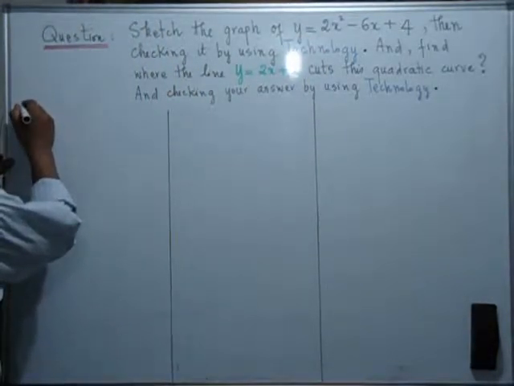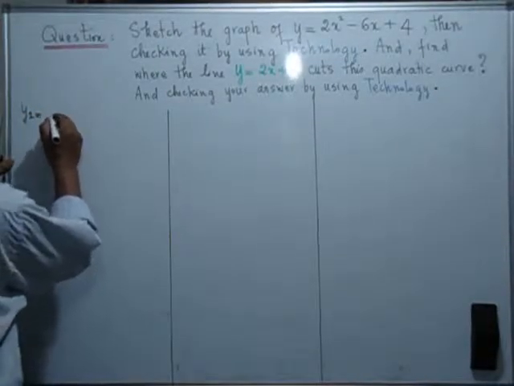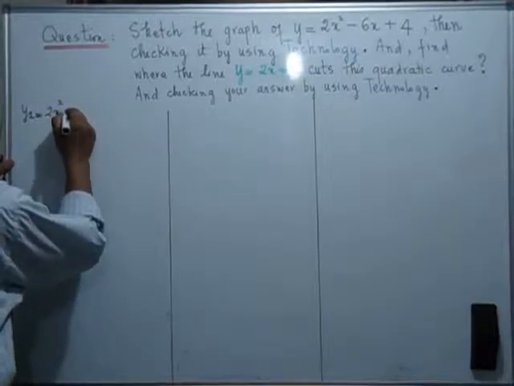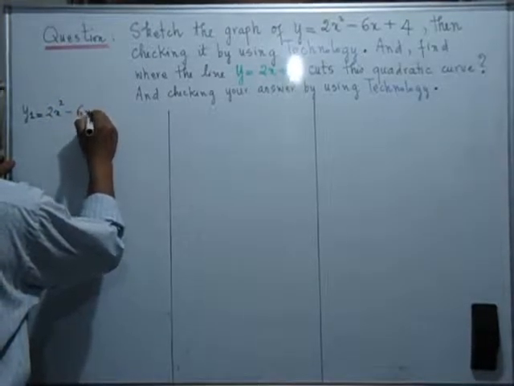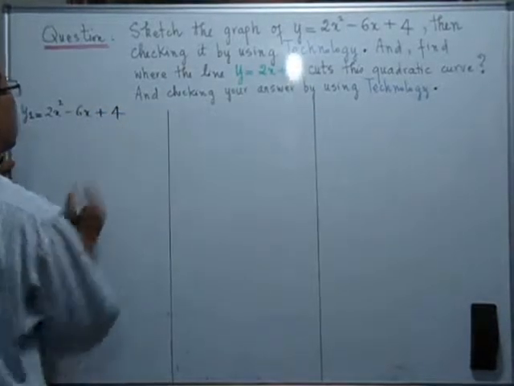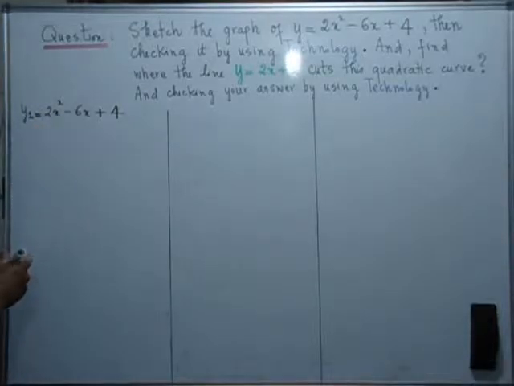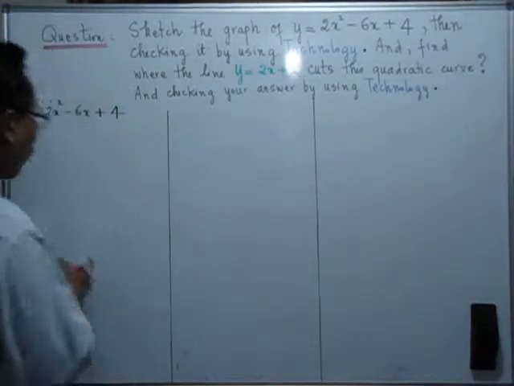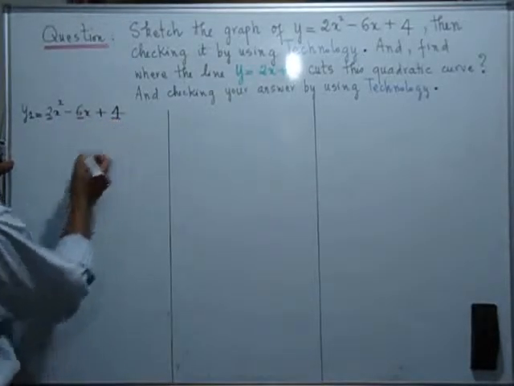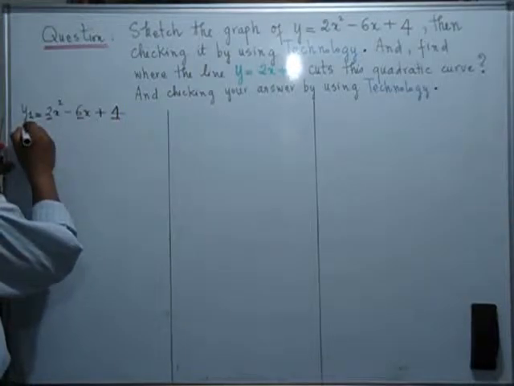Let it equal y1 equals x squared minus 6x plus 4. So we can see the common coefficient of this equation is 2. We take the number 2 out.